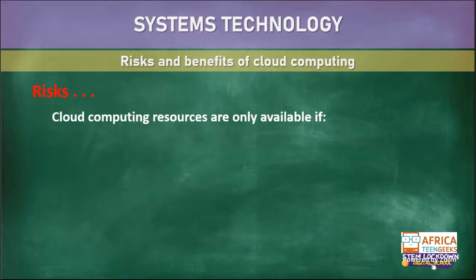And the other risk is these resources are only available if, number one, you have a good internet connection. For you to use cloud computing, as we said earlier, there is need for mobile broadband, there is need for fiber optic connection, and you need good speed.